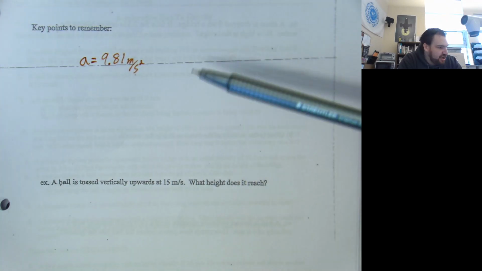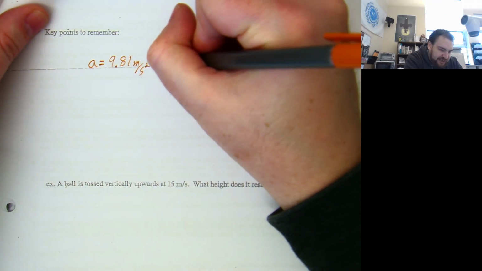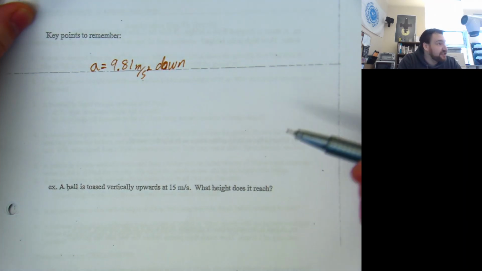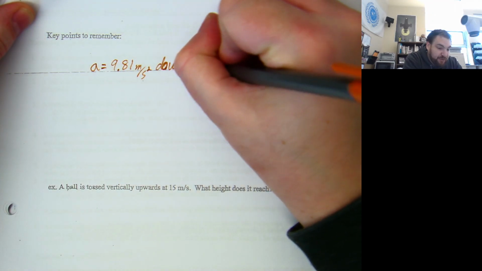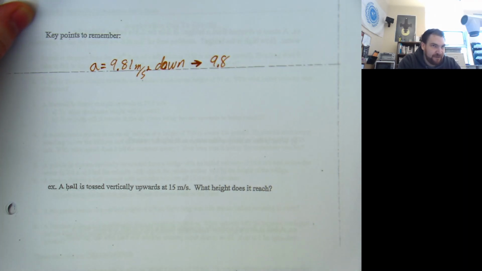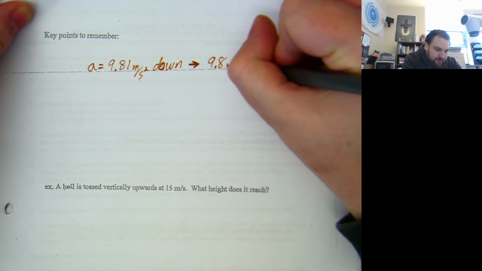Often, this is not the value we use. Well, 9.81 meters per second down. Generally, this is not the value that gets used. Often, the value that you guys will use is 9.8. We round it, make our life a little bit easier. Meters per second squared.